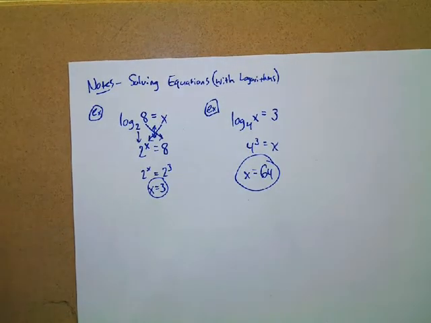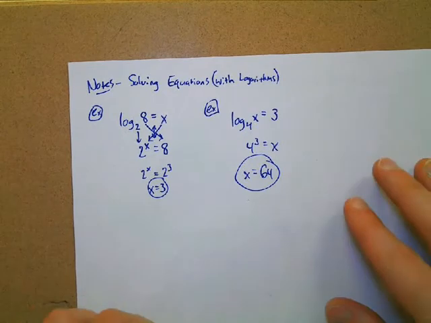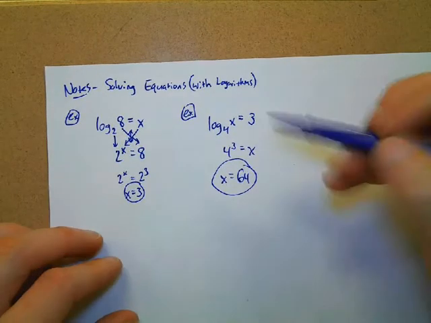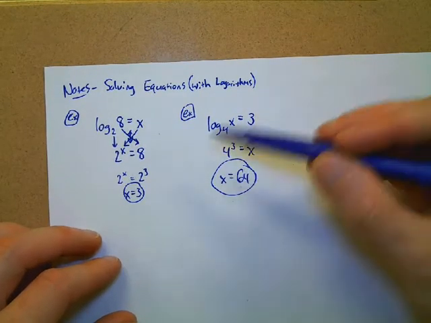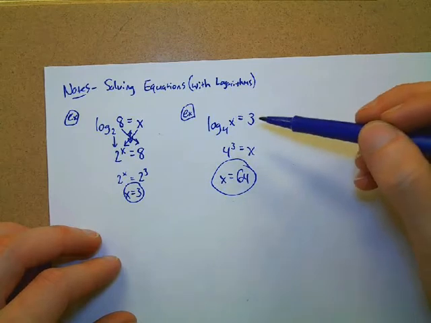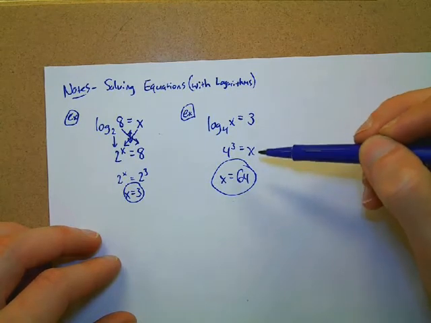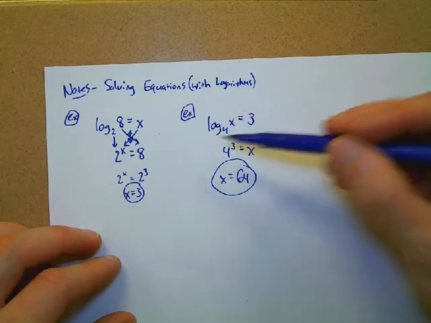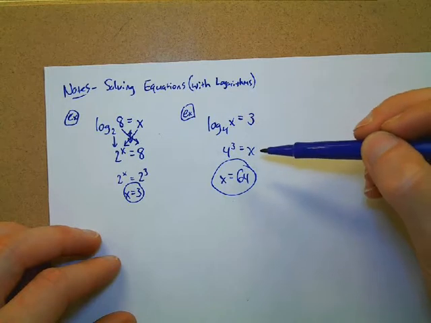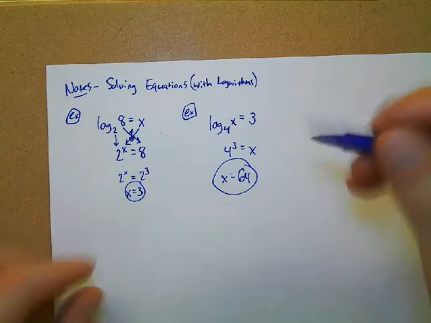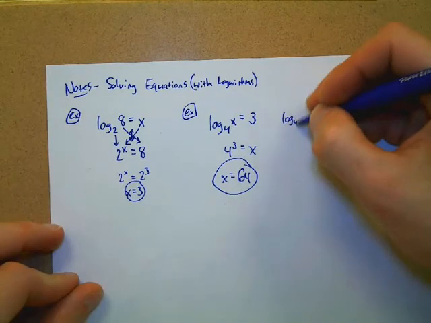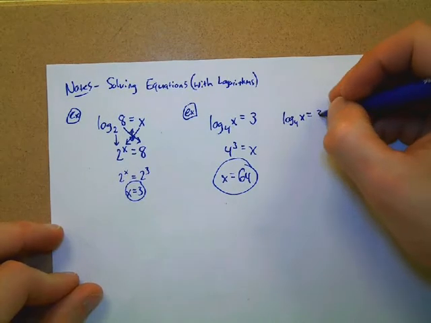Another way you can think about solving this logarithmic equation, besides rewriting it in its equivalent exponential form, is this. What we did here is take the logarithmic form and rewrite it in exponential form. Another way is to take log base 4 of x equals 3. Remember that logs are inverses of exponentials.